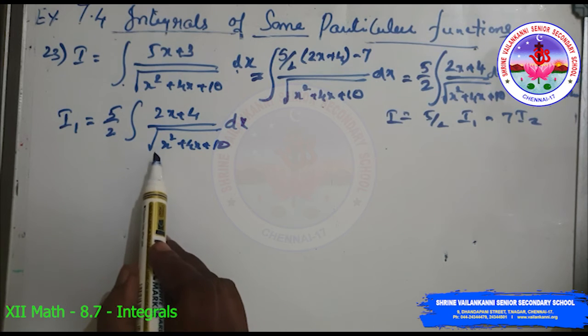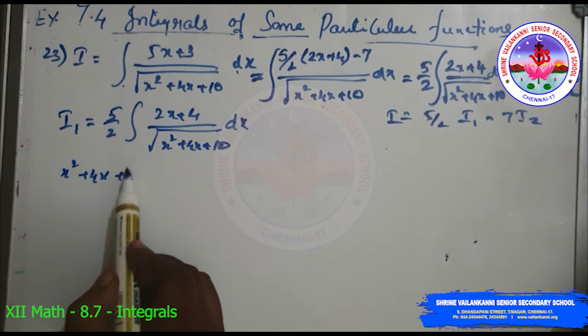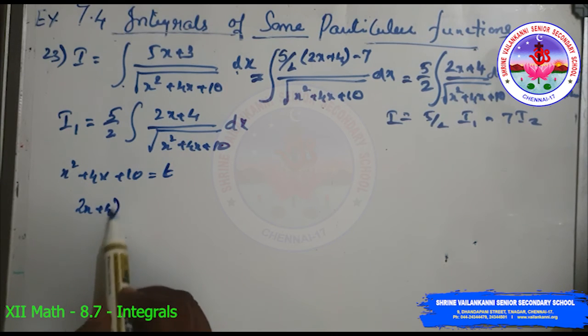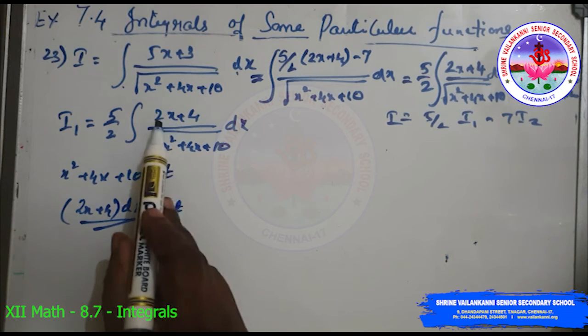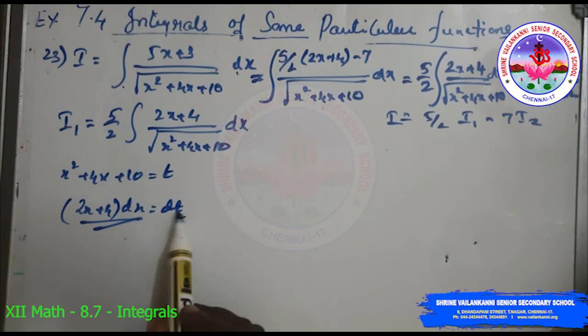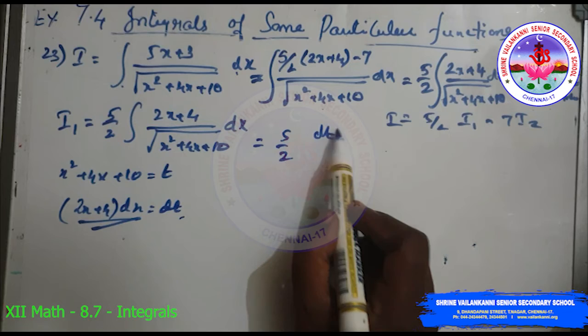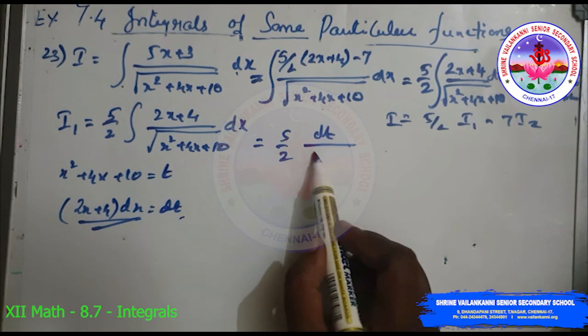Here using the substitution method. So x square plus 4x plus 10 as t. When we differentiate we get (2x plus 4) into dx, which is equal to dt. So 2x plus 4 into dx is the numerator part. So which is equal to 5 by 2 dt by, so this one we have taken as t, which is root t.